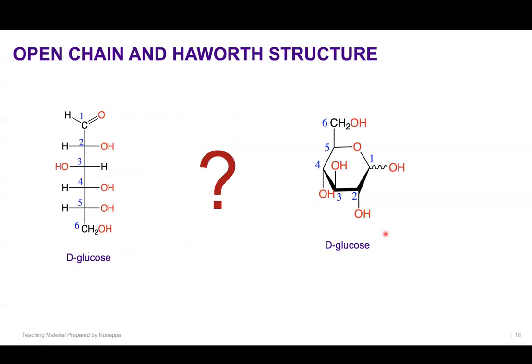So the question is always how we can interconvert, if I am given a carbohydrate like this to this, how easily. Without needing to memorize everything, if you are given any open chain structure of any sugar, can we write a cyclic structure? This is what we are going to see.